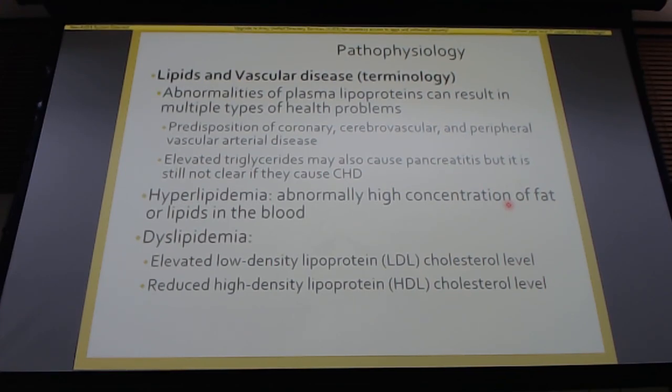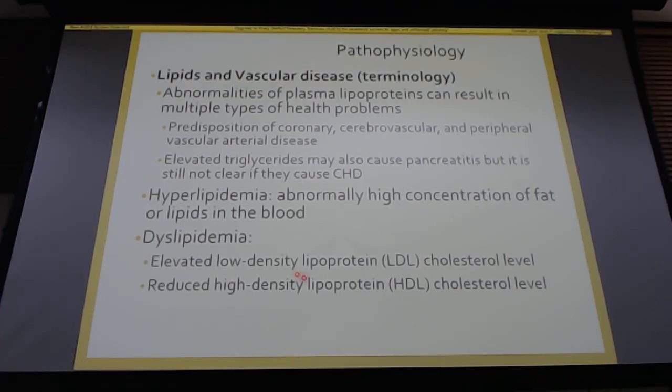All right, looking at terminology, because people use terms and sometimes they're wrong. When you're talking about hyperlipidemia, this is just saying there's a high level of lipids. It has lipid in the word, right? Hyperlipidemia. Dyslipidemia is just saying there's something wrong, some imbalance somewhere, okay?